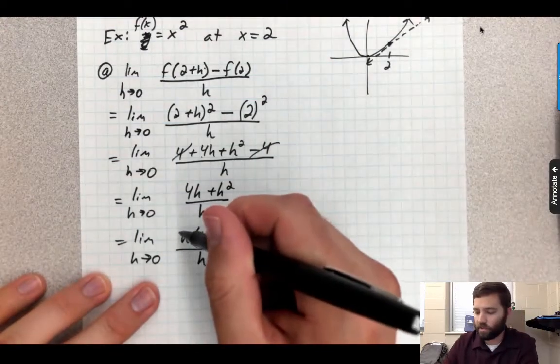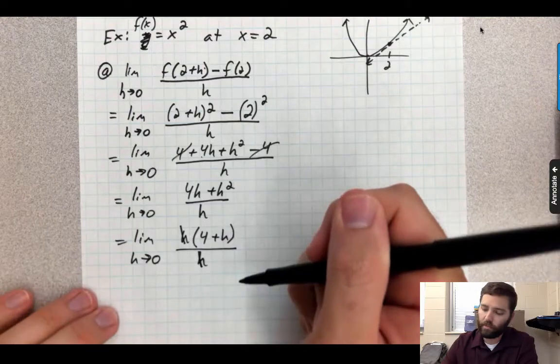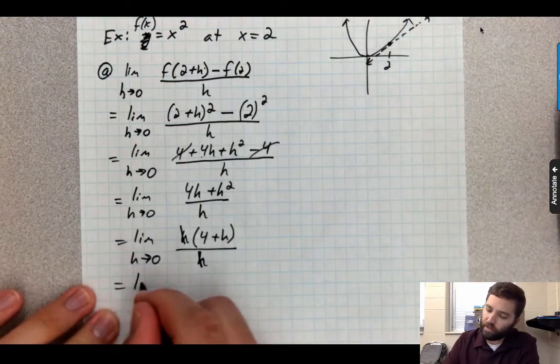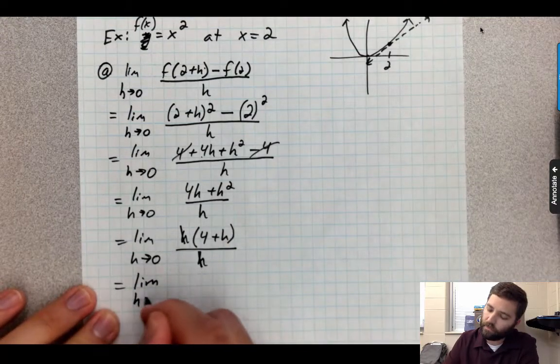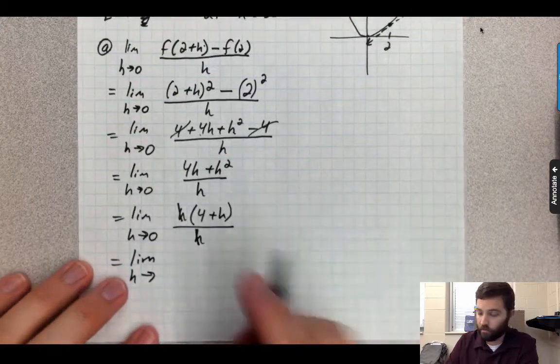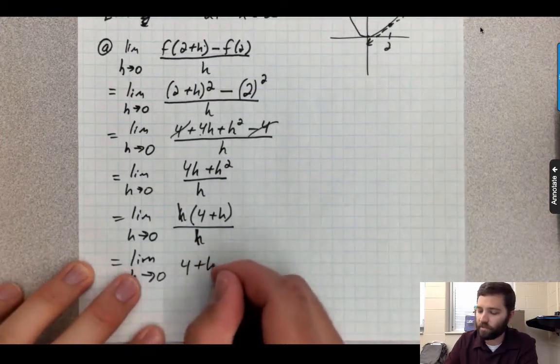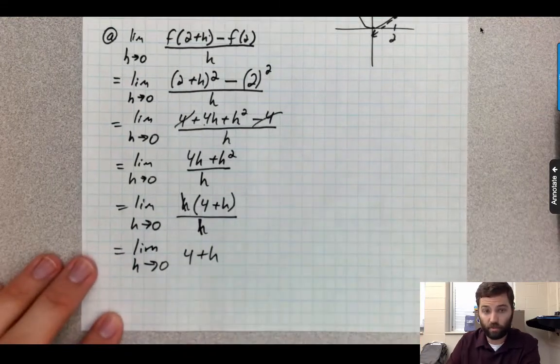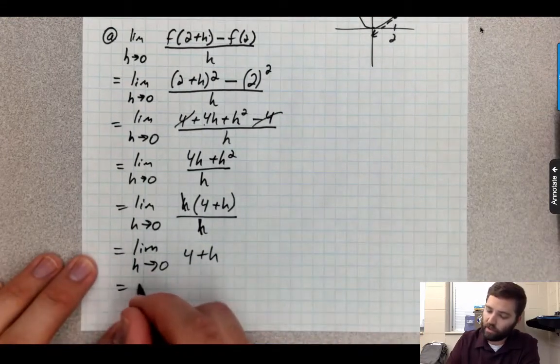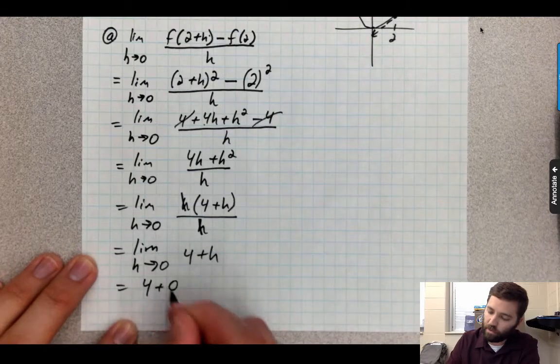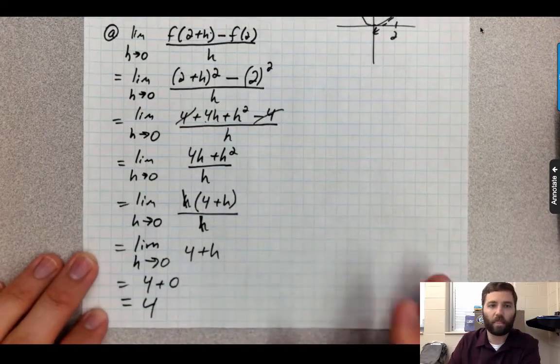H over h simplifies to 1 over 1. And so I get this: the limit as h approaches 0 of 4 plus h. Now I try direct substitution, and I can plug in 0. And so the limit is actually equal to 4 plus 0, which is just 4.